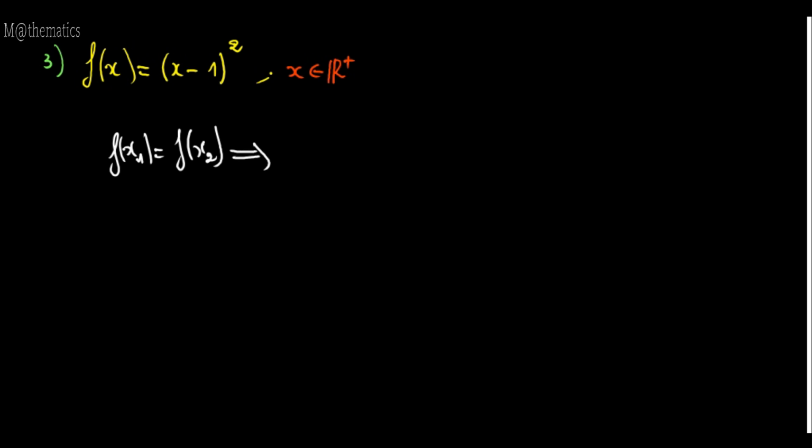So what do those functions look like for f of x1? We are going to get x1 minus 1 squared is equal to x2 minus 1 squared.